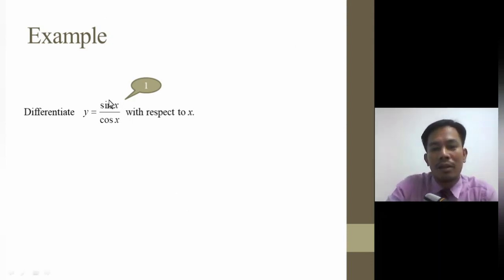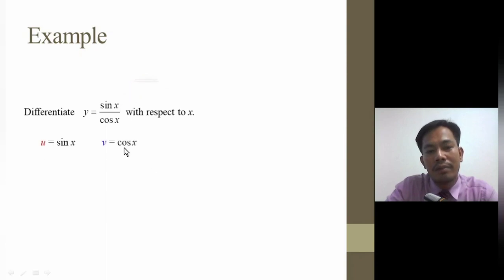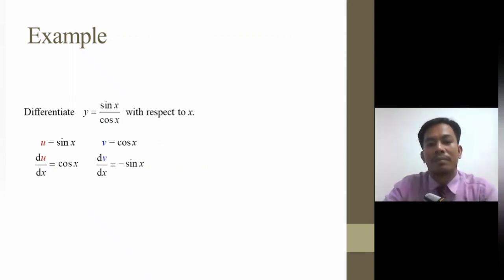So how do we look for that? Let's represent sine x as u and cosine x as v. du is cosine x, dv is negative sine x from our previous discussion.